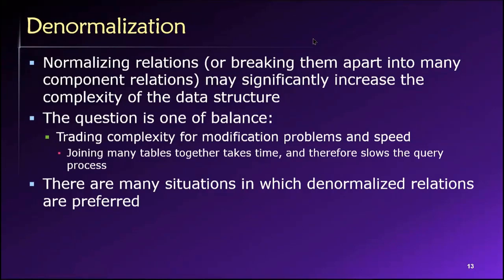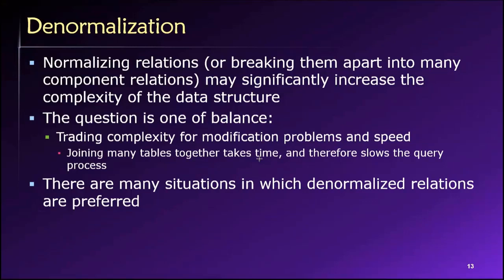So what we have then is a trade-off. Right? It's a trade-off. We are increasing intentionally with normalization the structural complexity of the database in order to protect the quality and the integrity of the data in that database by preventing these modification anomalies from occurring.